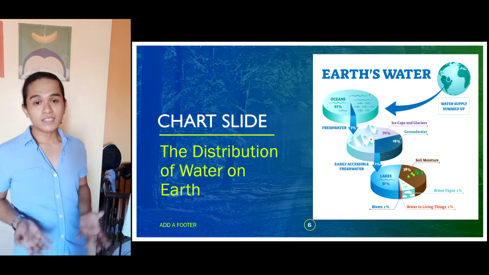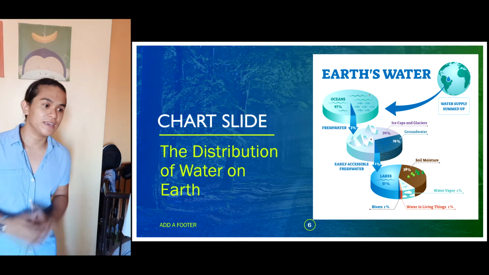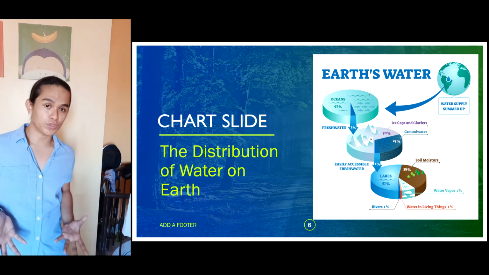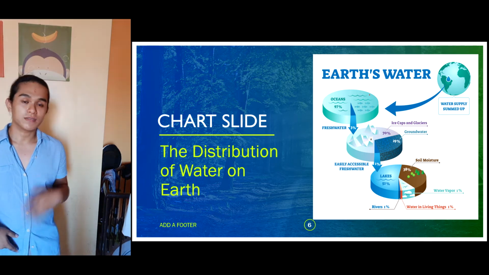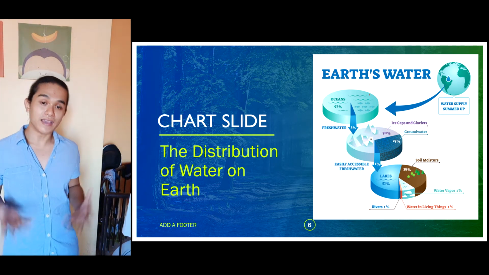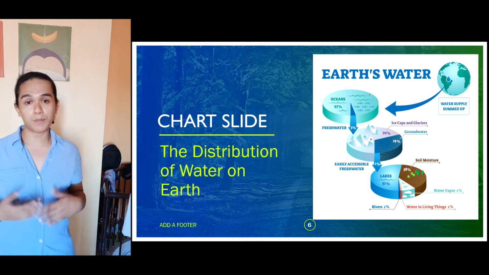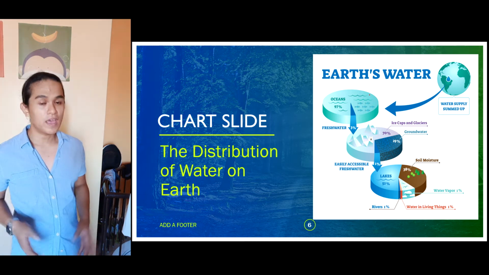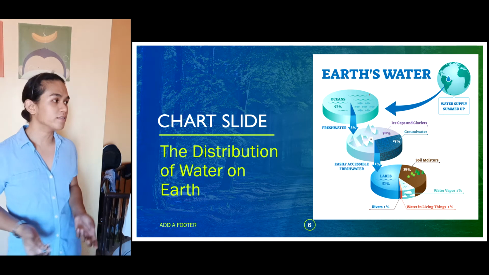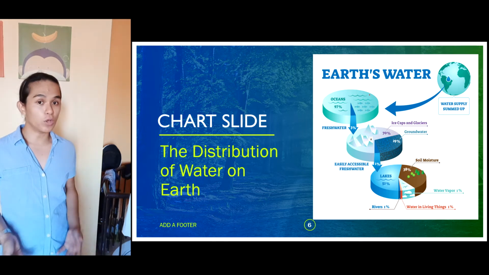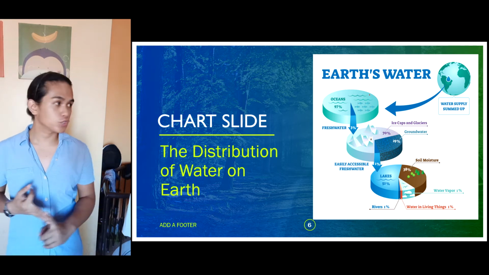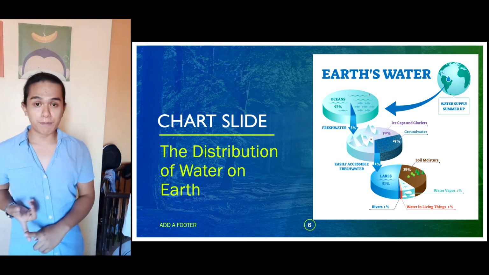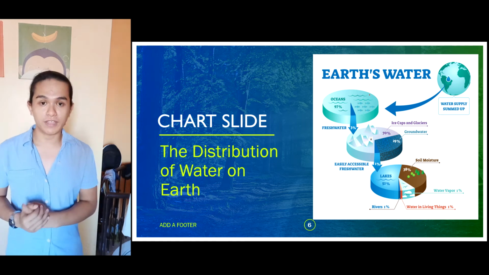So 97% of water on Earth is ocean water or salt water, and the remaining 3% is categorized into 70% ice caps and glaciers, 29% groundwater, and the remaining 1% is easily accessible water like lakes, rivers, soil moisture, water vapor, and water from living things.